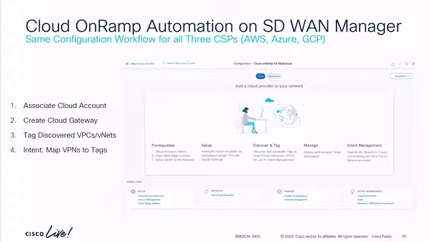So we associate to all of your pre-existing cloud connectivity. We're not going to force you to go build net new. If you have infrastructure in place, and most of you probably do, we're going to associate to your cloud accounts. We're going to create the necessary gateways. We're going to build tags to associate to the respective VPCs, VNets, or whatever the vocabulary said cloud provider is using. And then we can even go so far as to map VPNs to tags.